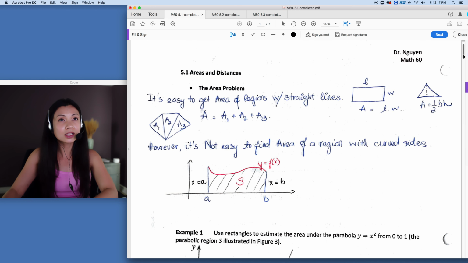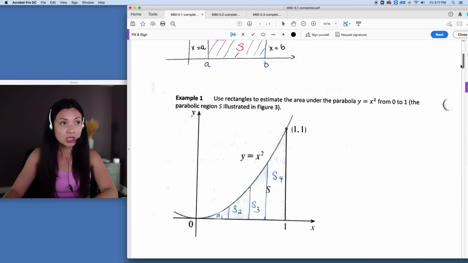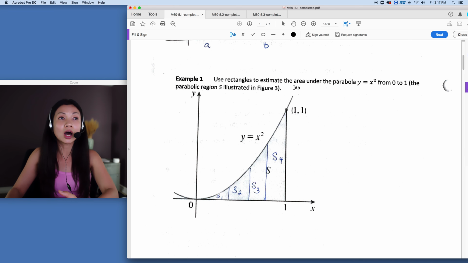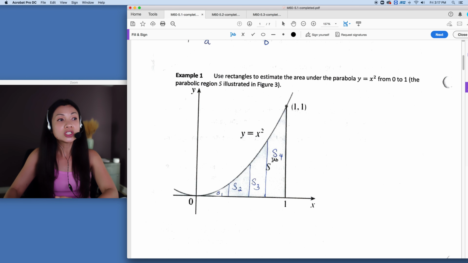Therefore, let's take a look at example 1. We want to use rectangles to estimate the area under the parabola. Right here we have the parabola y equals x squared from 0 to 1. So these are the regions.